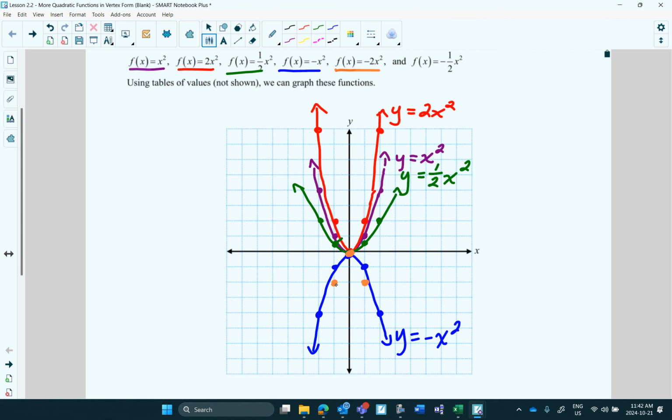So I go 2 across, 4 down normally, but this tells me to go 4 times 2 down. So I got to go down all the way here. And that's why it's negative 2x squared.